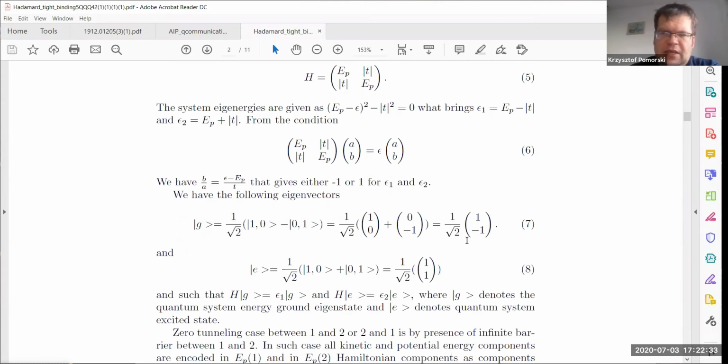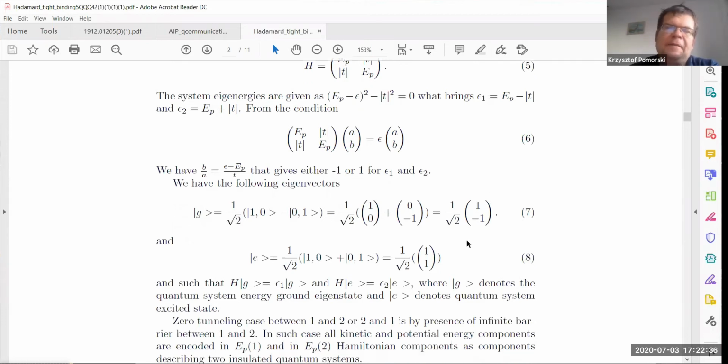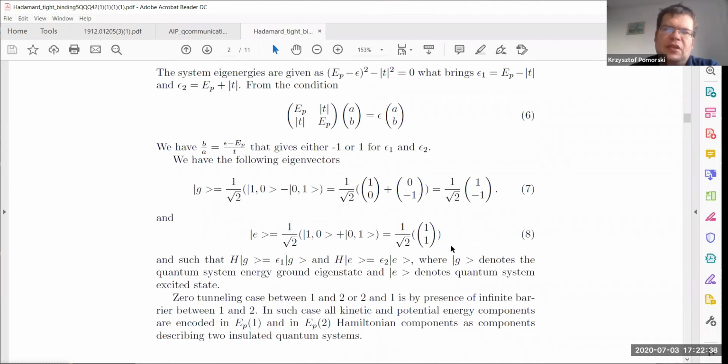So there's an antisymmetric wave function in the Wannier representation, and the excited state is a symmetric wave function. In the general case, any wave function can be decomposed into symmetric and antisymmetric parts. So that's how it is.